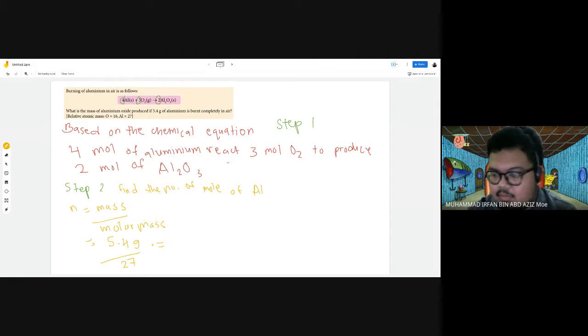You will get apa, jap, calculator. 5.4 divided by 27. 0.2 mole. Okay, so you get 0.2 mole of aluminium.